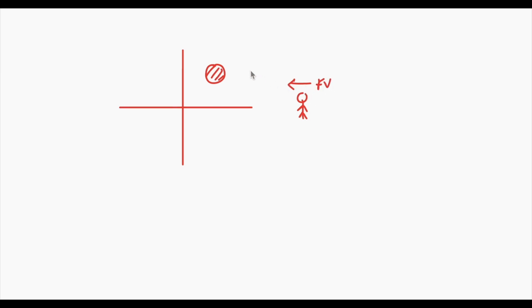The reason for this placement of views, for example, let's consider the first quadrant. The object is placed in the first quadrant. For the observer, there are two possible positions. This position is for the front view, and to draw a top view, it will be placed above the object.